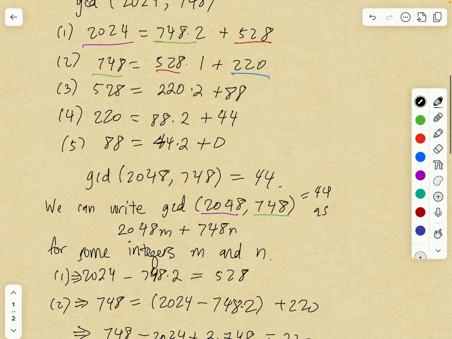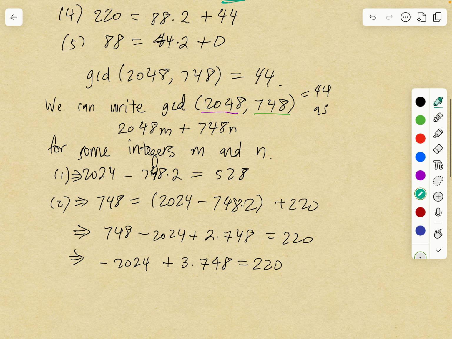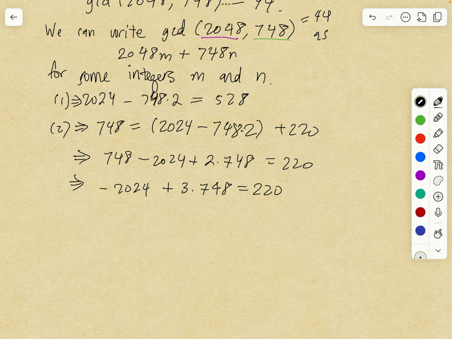Now I'm ready to go into the third equation, and now I want to get 88 in terms of 2024 and 748. So equation 3 tells me if I just replace 220 by what I have before, it's 2024 minus 748 times 2.